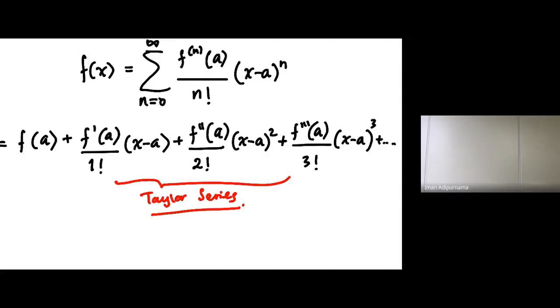And the difference between Taylor and Maclaurin is the A. So this is Taylor. For Maclaurin, A is 0. So if we change all A with 0, that will be the Maclaurin. I will explain later. But basically, Taylor and Maclaurin are the same like this.